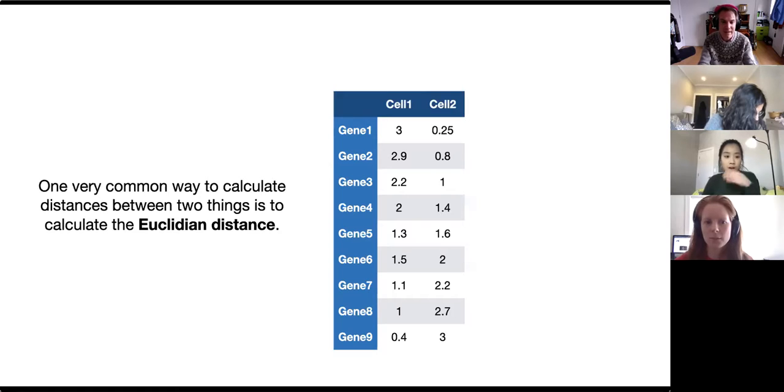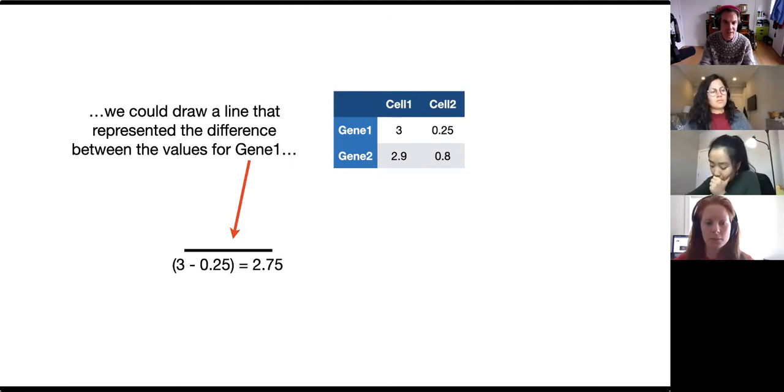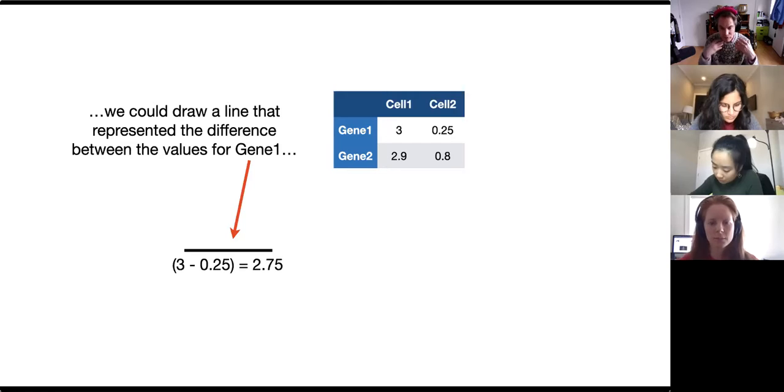One common way to calculate distances between two things is to calculate the Euclidean distance. If we just had two genes, we could draw a line that represented the difference between the values for gene 1. So in cell 1, we've got 3, and in cell 2, we've got 0.25 as the values for gene 1. And we can do that subtraction, and that equals 2.75.